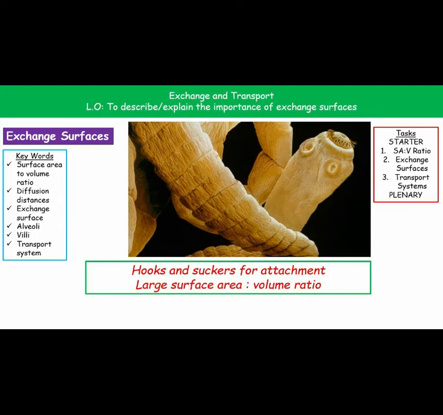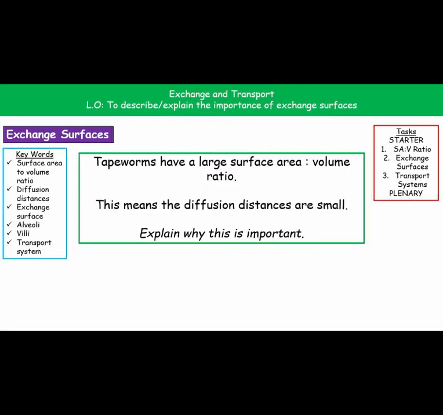The second feature that I'm hoping you got written down is that it's got a large surface area to volume ratio. And this is something that's really important when we're considering how organisms are able to get everything they need to survive. The reason that large surface area to volume ratio is really important to our tapeworms is because it means that the diffusion they're going to use to get everything can happen fast enough.